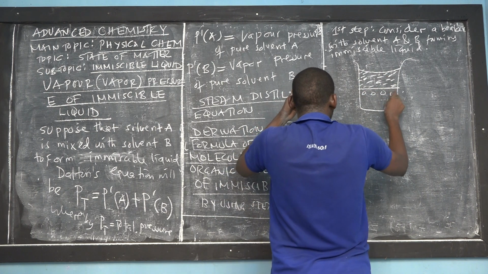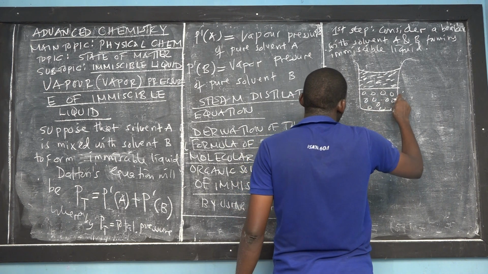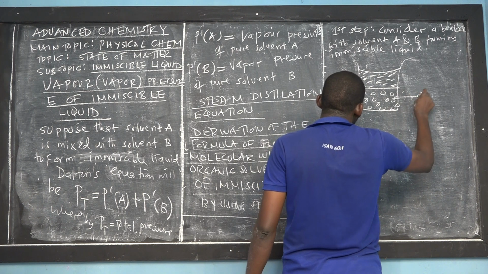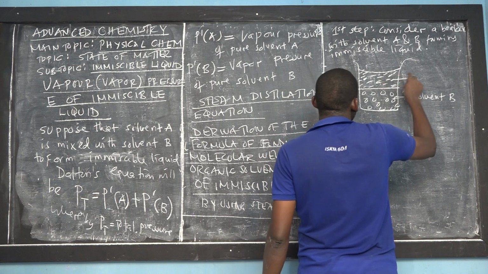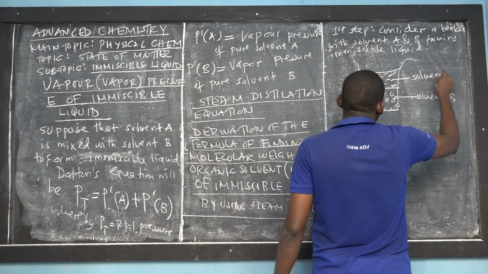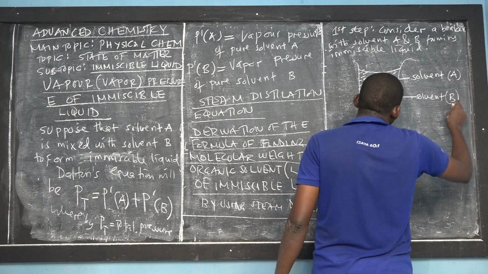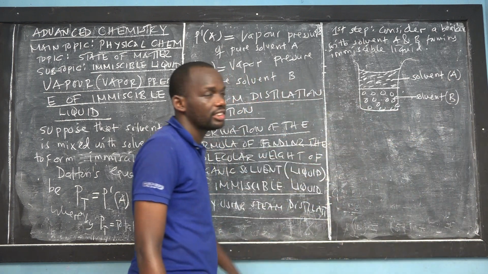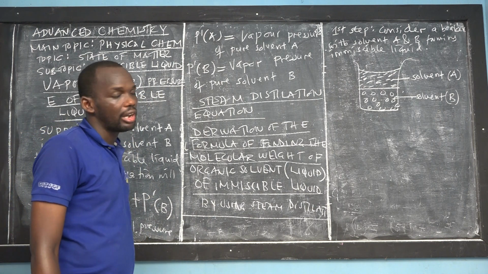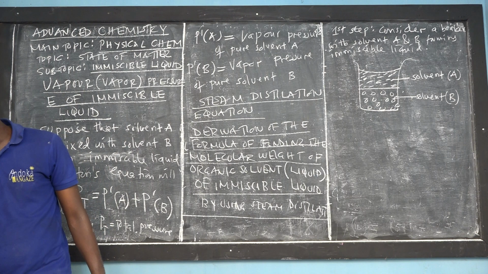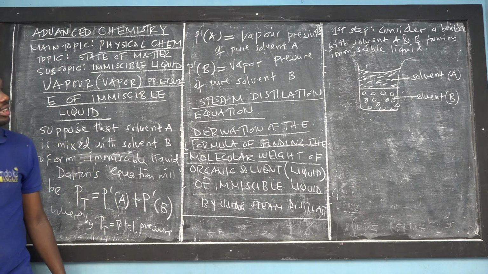And this is solvent B. This is the separating layer. Our intention is to do this derivation and enjoy it.